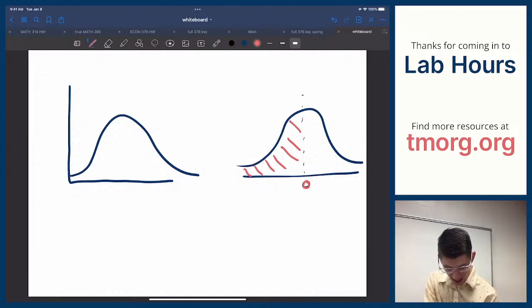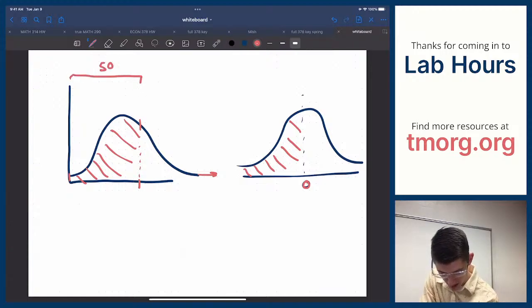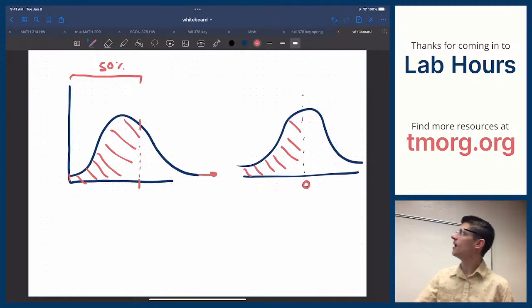Let's say, for the sake of argument, that the 50th percentile value on this distribution is right here. That's probably not a great illustration. But let's say it's right here. Because this goes out forever, but this one stops at 0, right? So let's say 50% of the area under the distribution is lying right there.